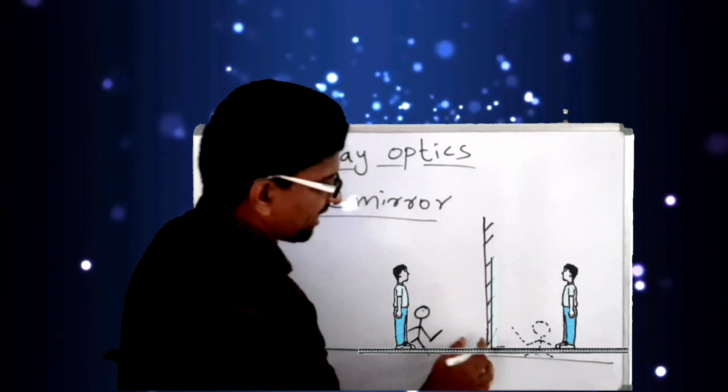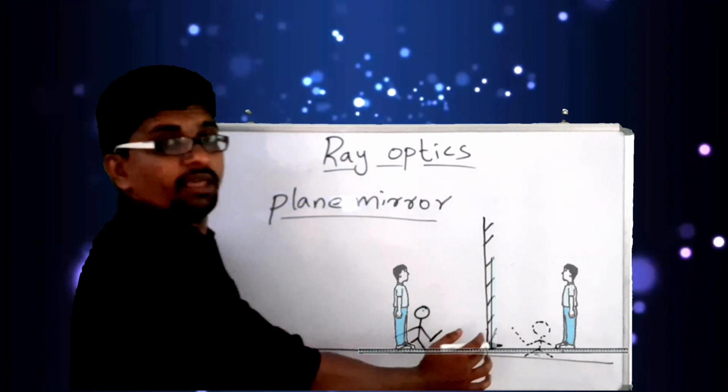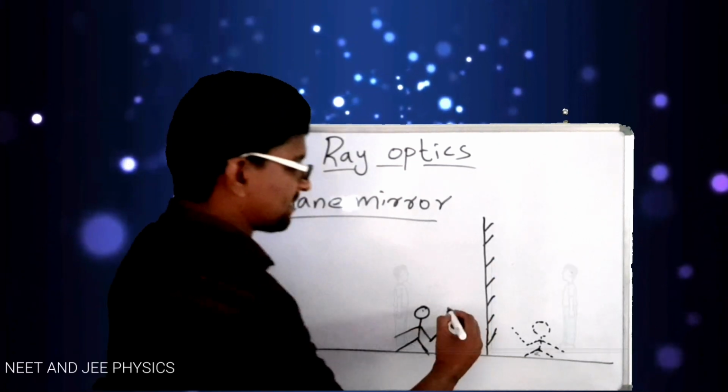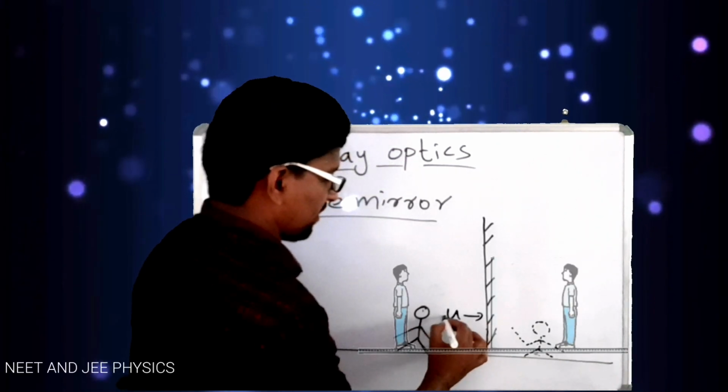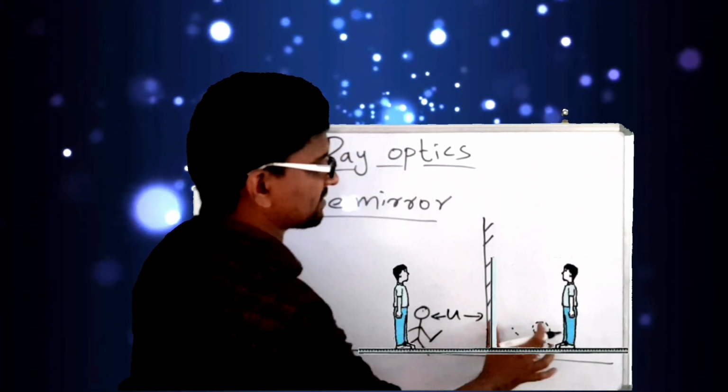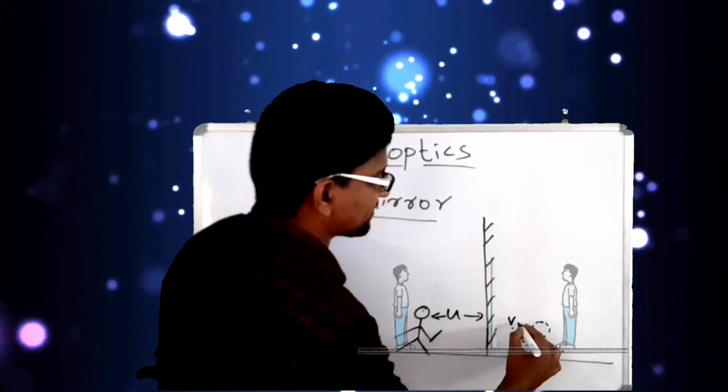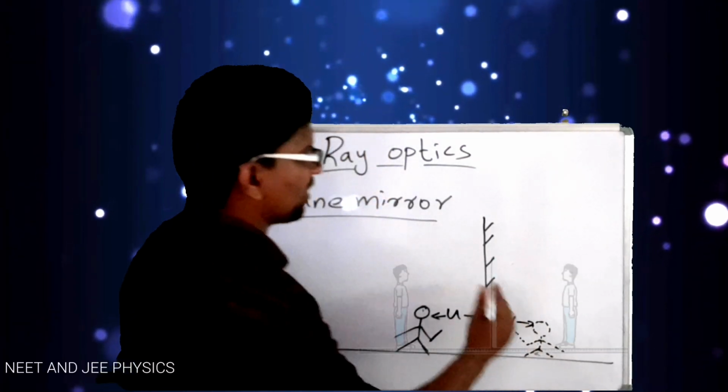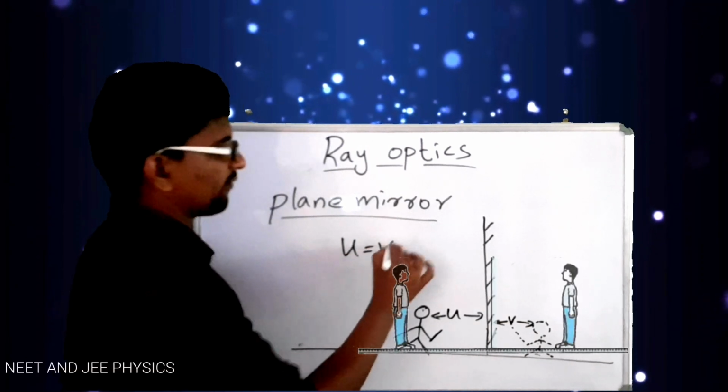And the distance between the object and the mirror is represented as u. This distance is the same as this distance, which is represented as v. So in this case u is equal to v.